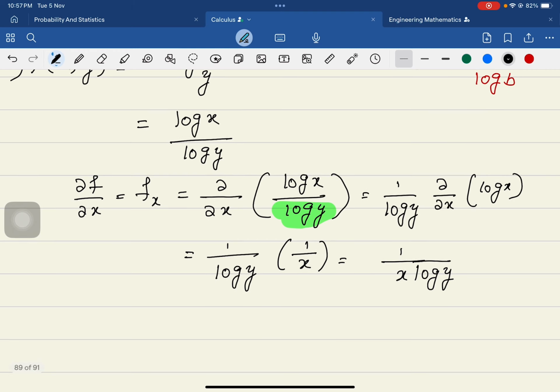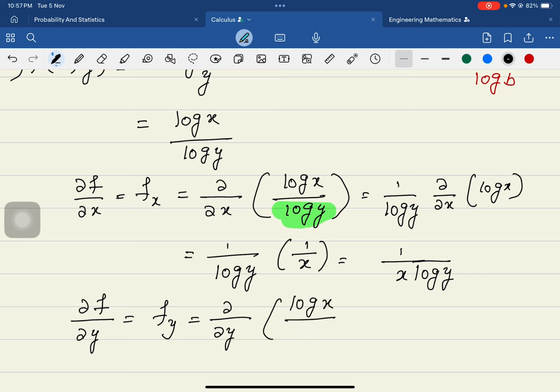So the value of the derivative is 1 over x times log y. Clear? And then you need to find the partial derivative of f with respect to y, which is fy, given by ∂/∂y of log x by log y. Now the constant here is log x.